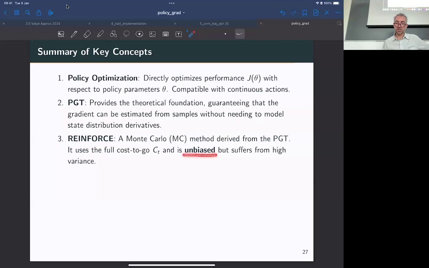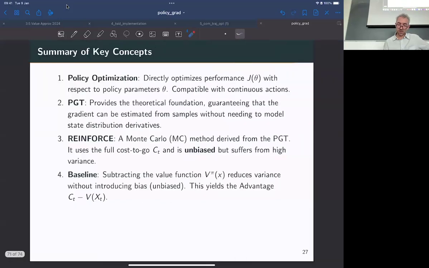The problem is that while it is unbiased, the REINFORCE algorithm suffers from high variance. And so people started looking into how they could improve. The main source of improvement comes from introducing a baseline into the policy gradient. Instead of using the complete cost to go, you subtract from it a baseline, which can depend on the state.